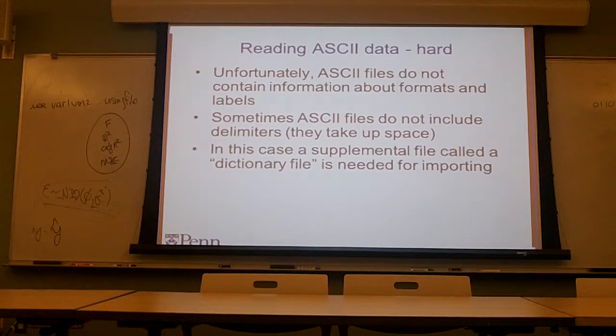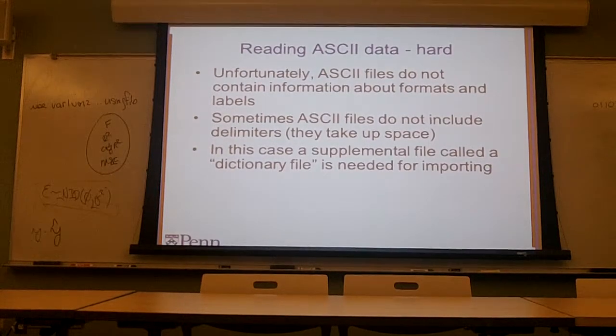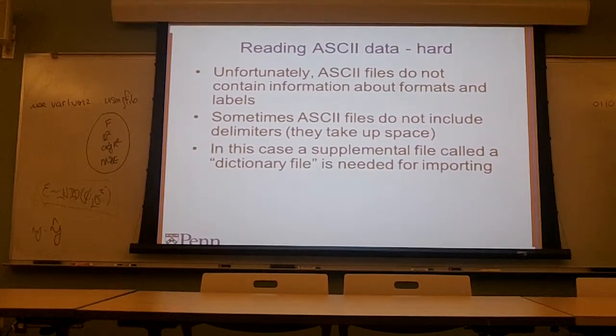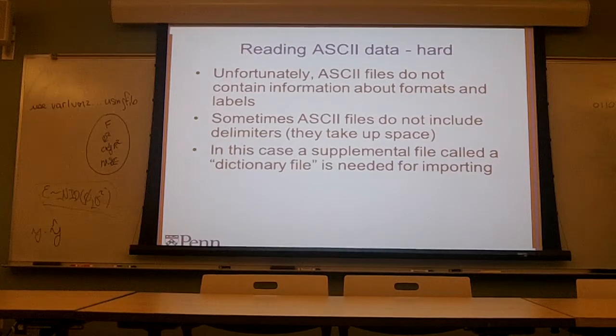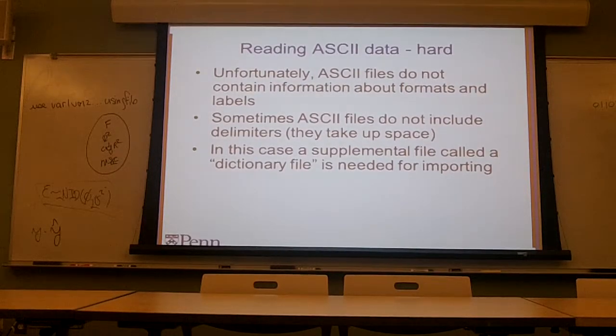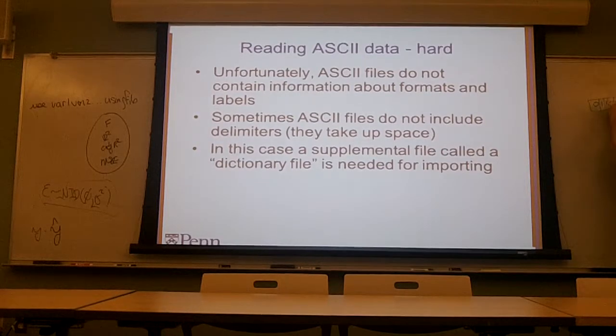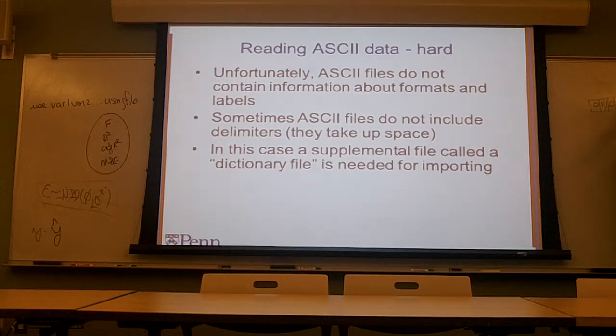So the fixed width goes something like this. You have to create what's called a dictionary. A dictionary tells you how to read this file in. So what I can do is logically take this string, because that's what we can think of it as, and refer to the positions of the characters.